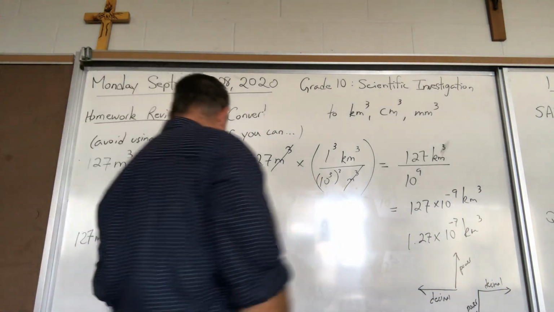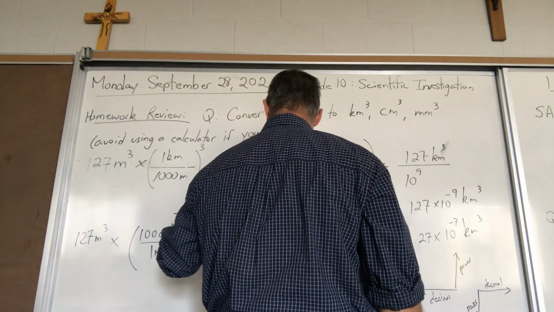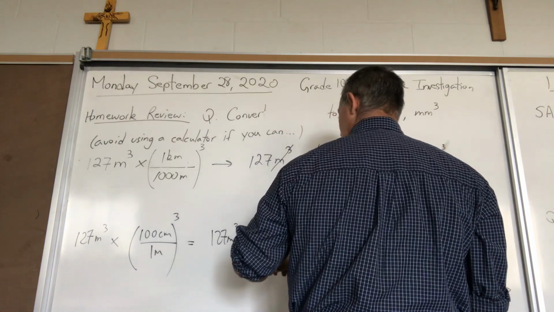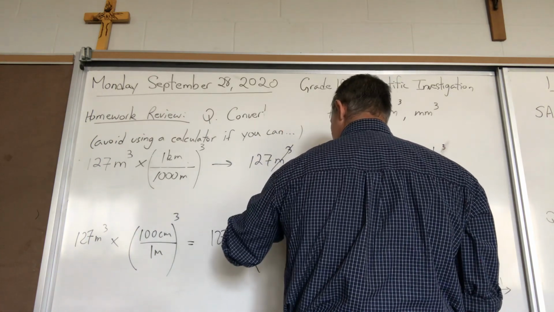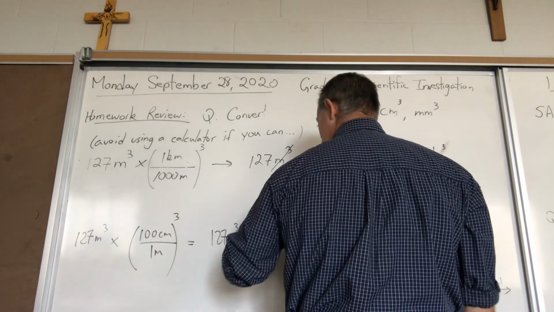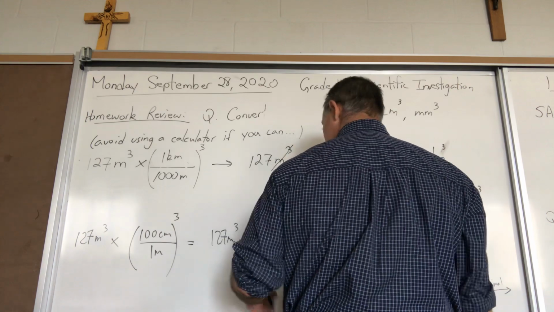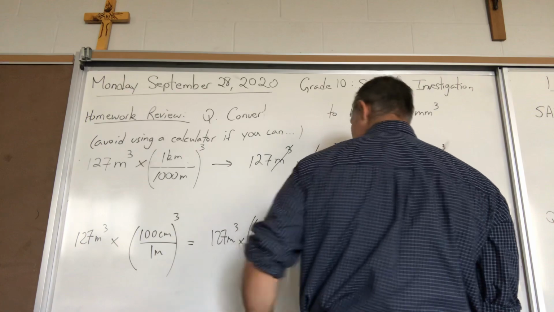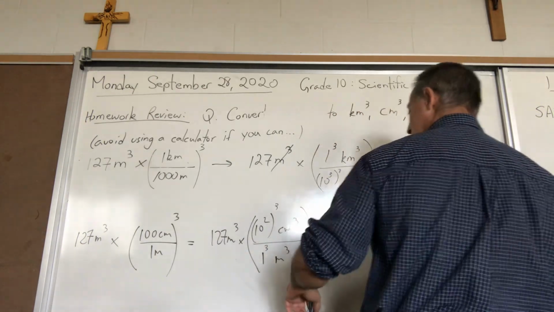We're going to get 127 meters cubed times 10 to the power of 2 raised to the power of 3, because now you're distributing the power of 3 in there. Centimeters cubed. 1 is also raised to the power of 3, but that's not going to change anything. And finally, meters is raised to the power of 3. Now you've distributed your power of 3, and you can simplify it.